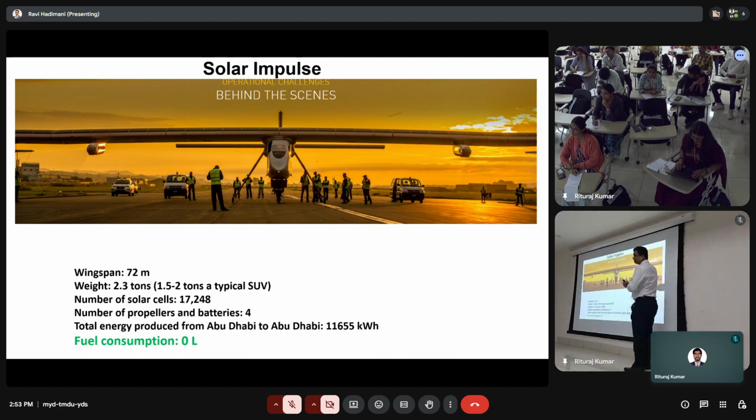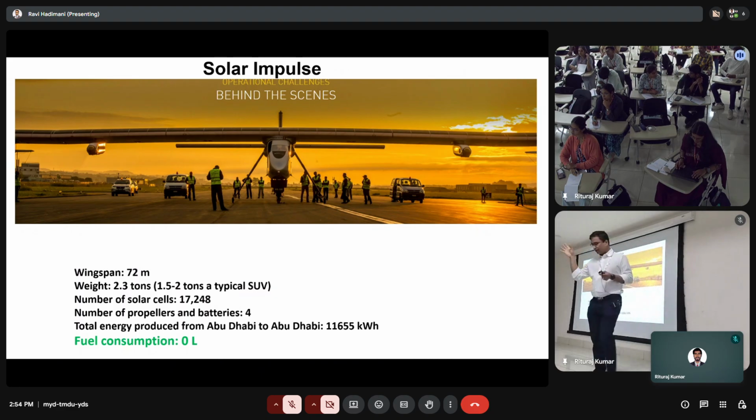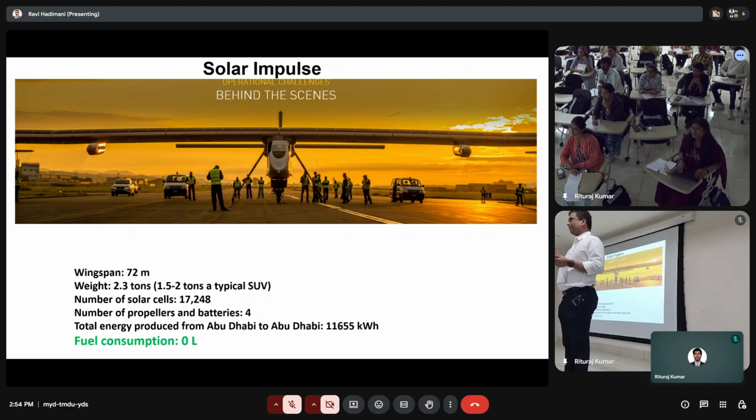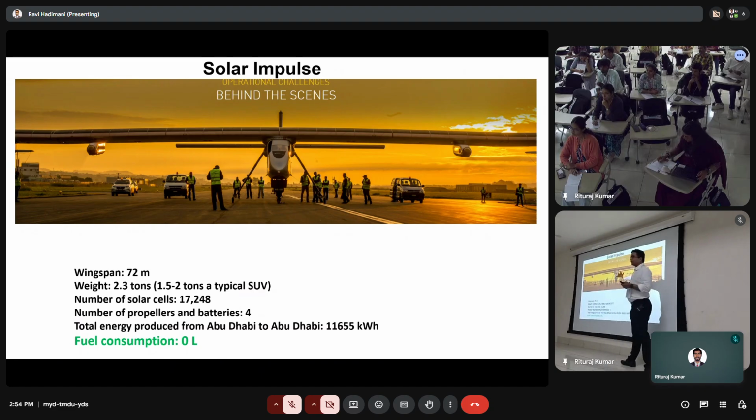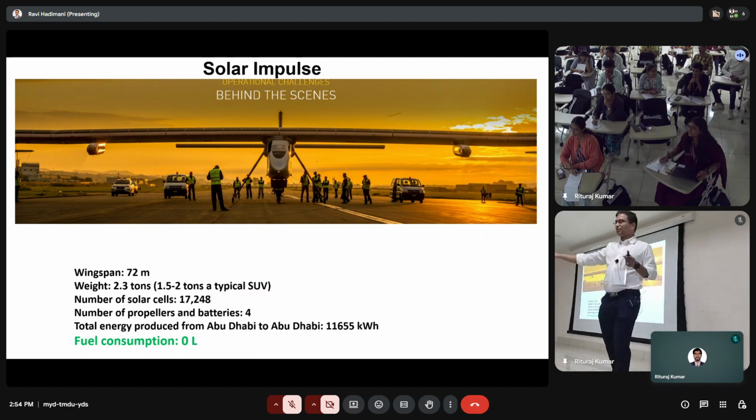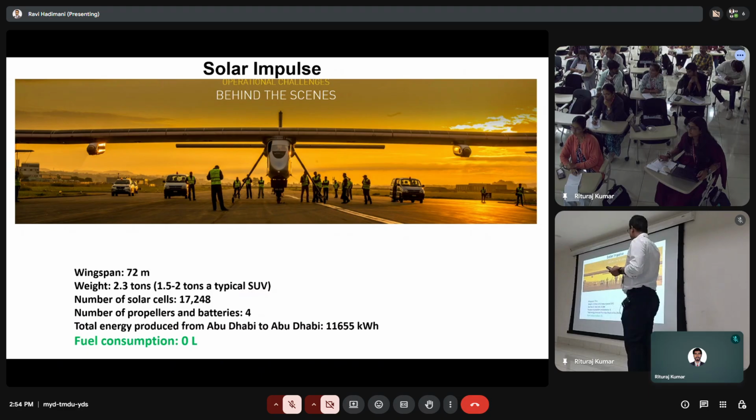Okay, so here is, how many of you have heard of Solar Impulse? This was a big thing in 2010, I think, 2010 or 2012. But anyway, it is an aircraft that's made completely out of composite. I think it's 100% composite, if I'm not wrong.